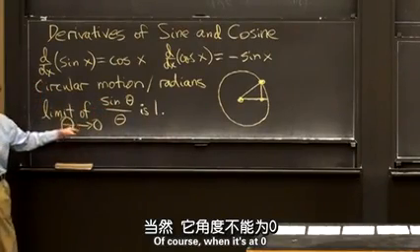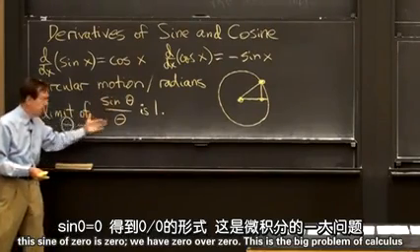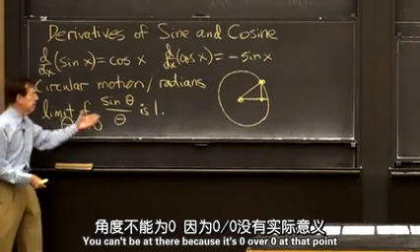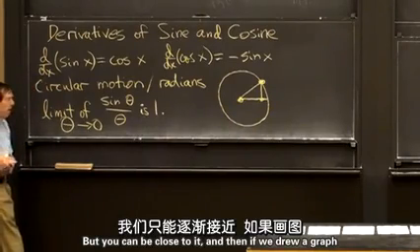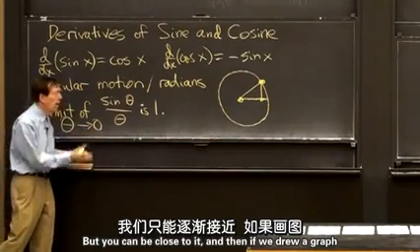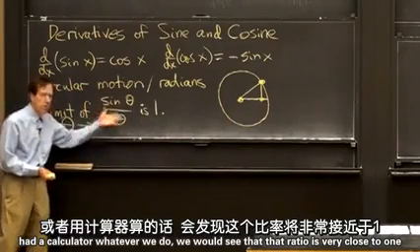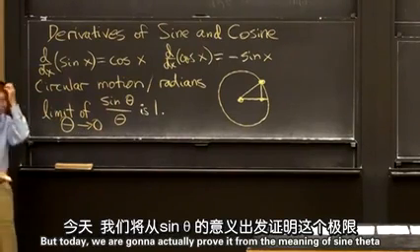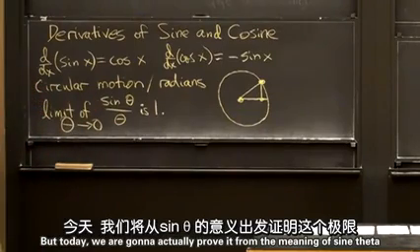Of course, when it's at 0, the sine of 0 is 0, and so we have 0 over 0. This is the big problem of calculus. You can't be at the limit because it's 0 over 0 at that point. But you can be close to it. And then if we drew a graph, had a calculator, whatever we do, we would see that that ratio is very close to 1. But today we're going to actually prove it from the meaning of sine theta.